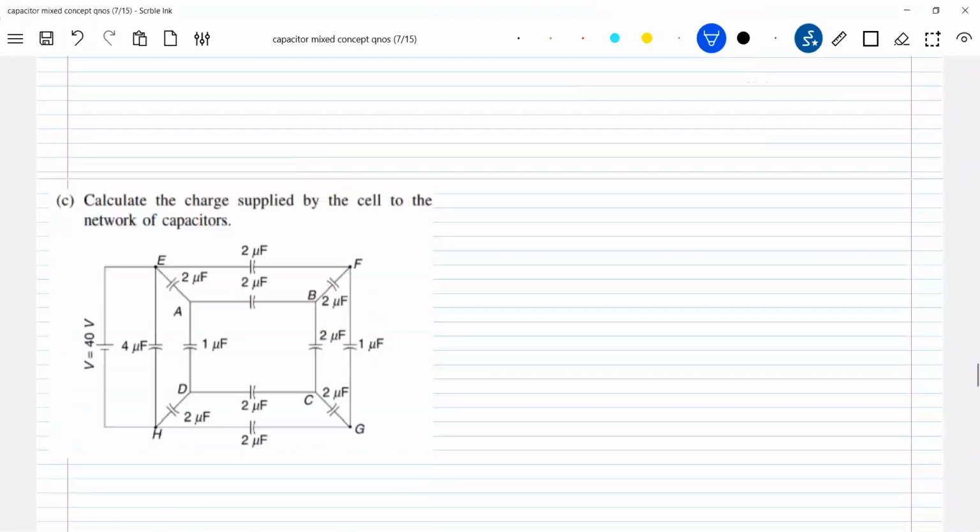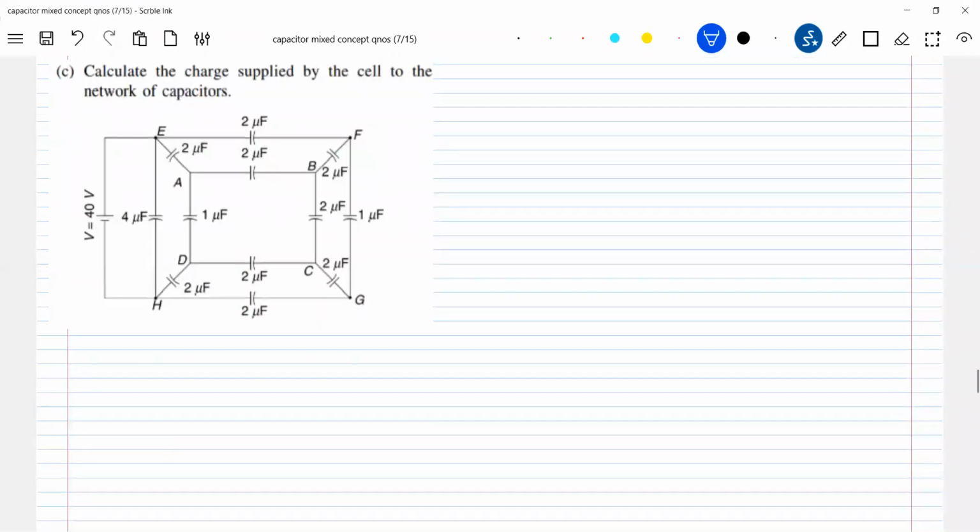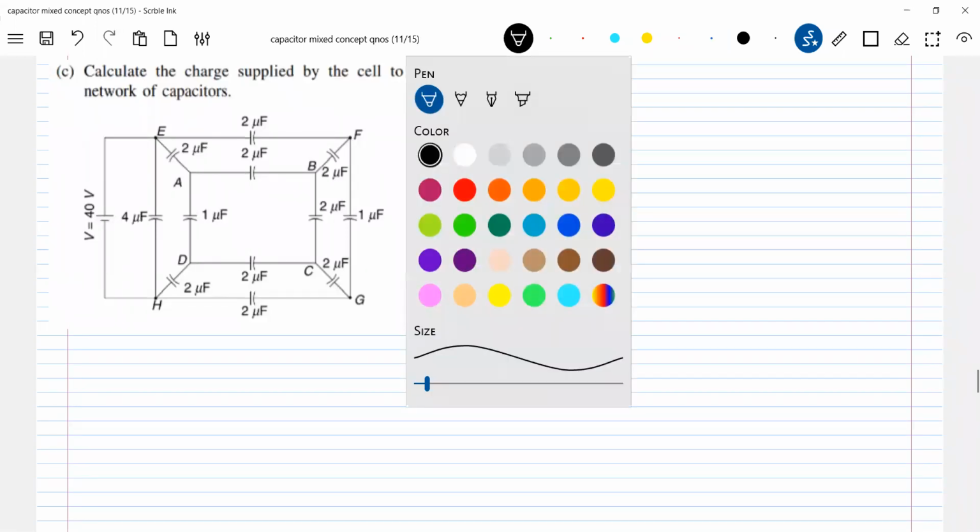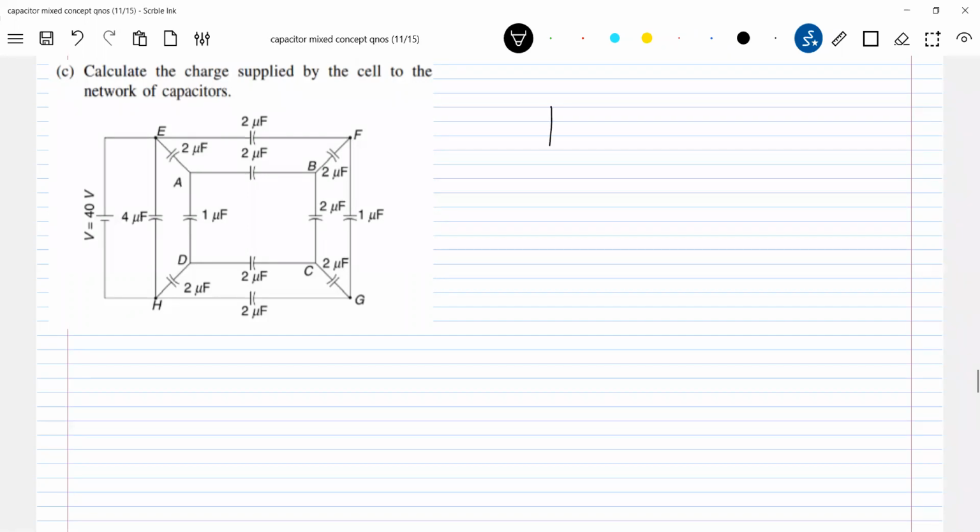Where are we, I think we are here, no? I will redraw the diagram. So they're the same terminals, E, H. Four microfarad.